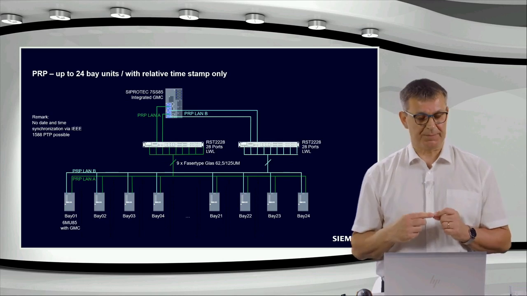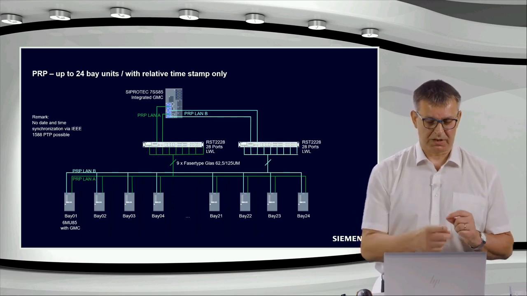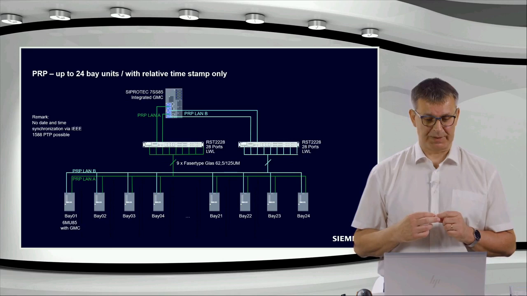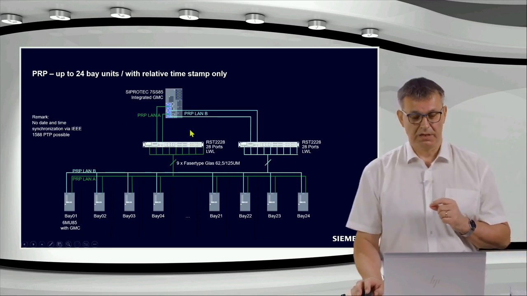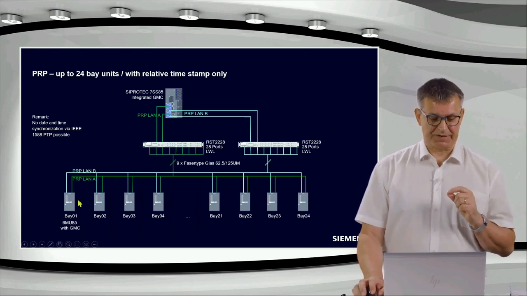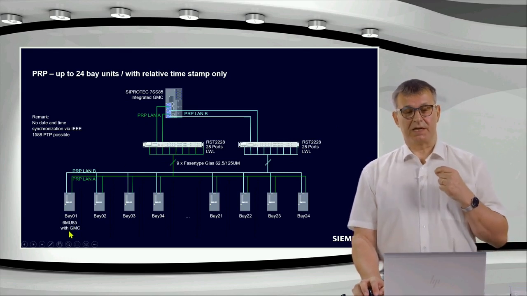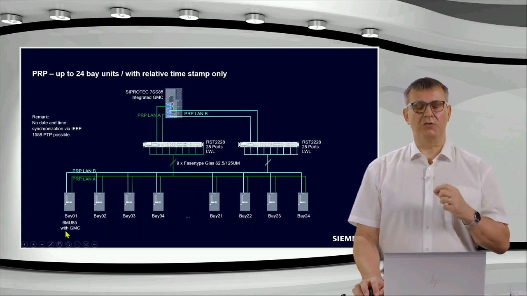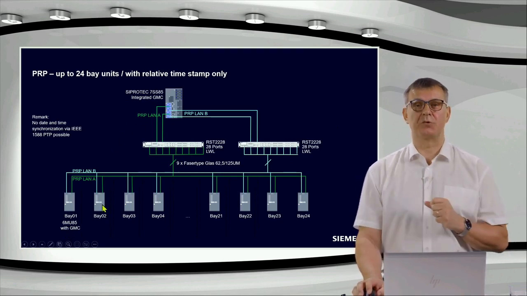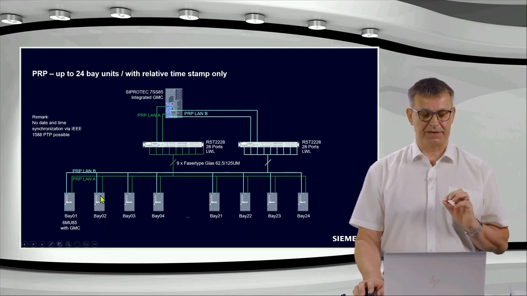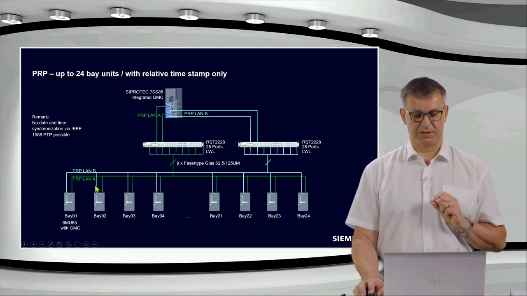A little bit of an exception, because here we have internal mechanisms. If we want to use a PRB configuration layout for up to 24 bay units, we can also use the integrated grandmaster clock without a connection to GPS, because here the synchronization of these 2 grandmaster clocks will be handled by an internal mechanism.